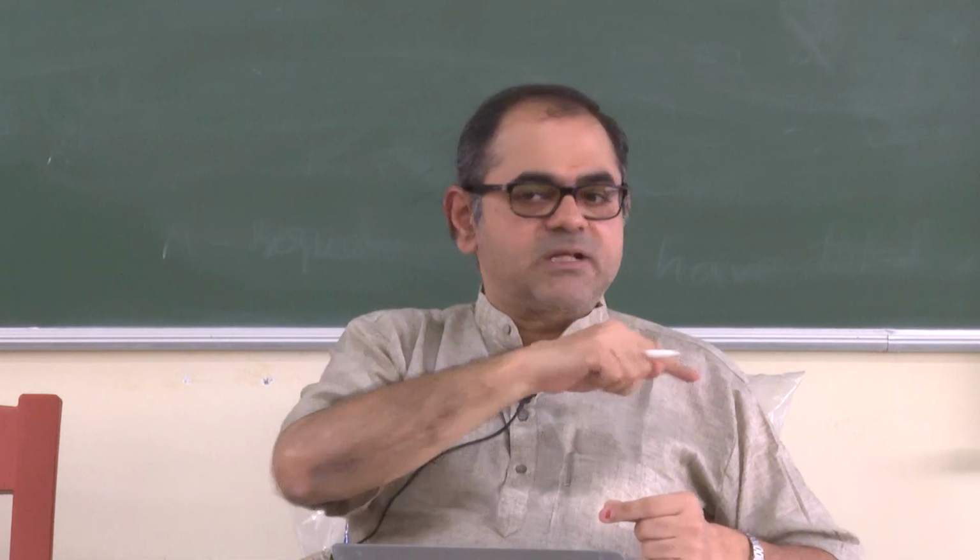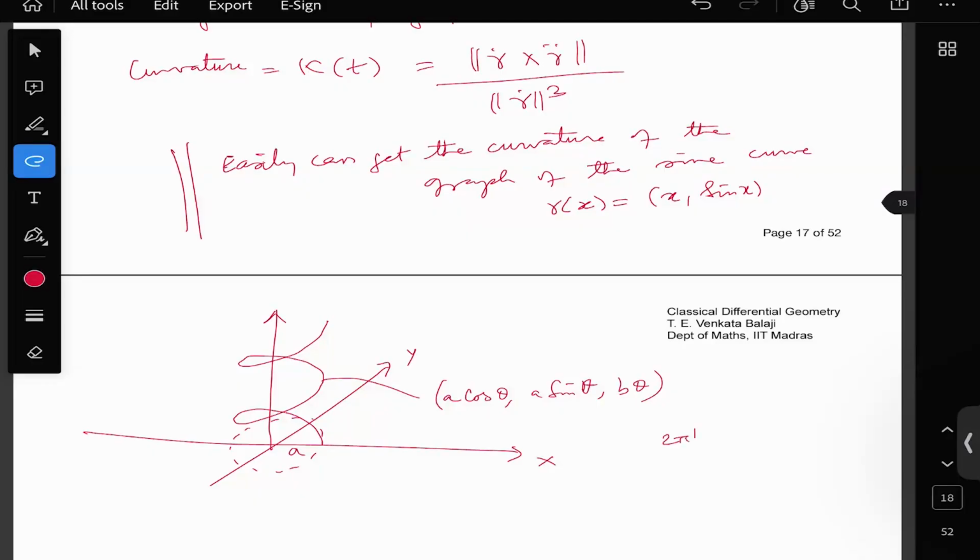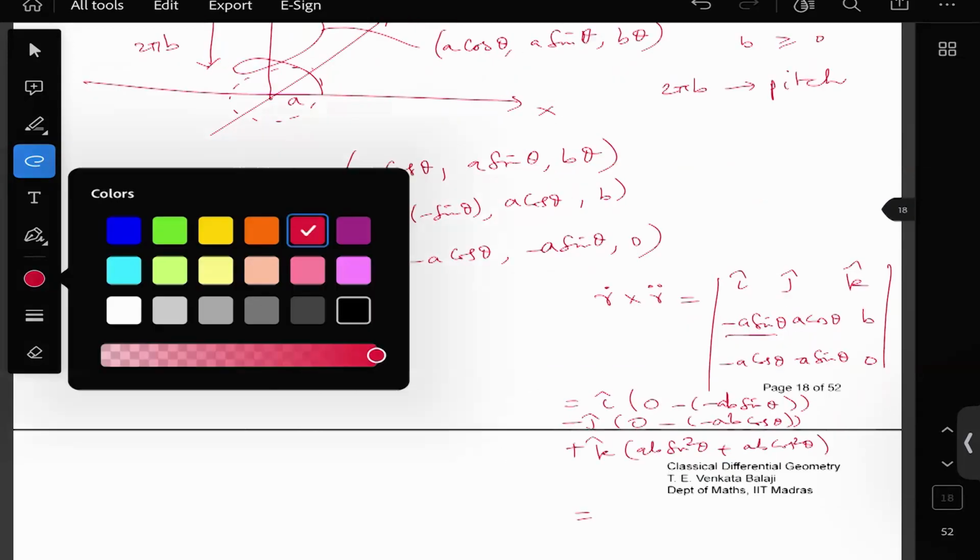One turn corresponds to theta going by 2 pi, so the z coordinate will change by 2 pi b. I am assuming a is positive and b is greater than or equal to 0. Of course, if I put b equal to 0, you can imagine I am going to get a plane curve which is nothing but a circle. Okay, and if b is positive, then you get a helix. And 2 pi b is called the pitch of the helix.